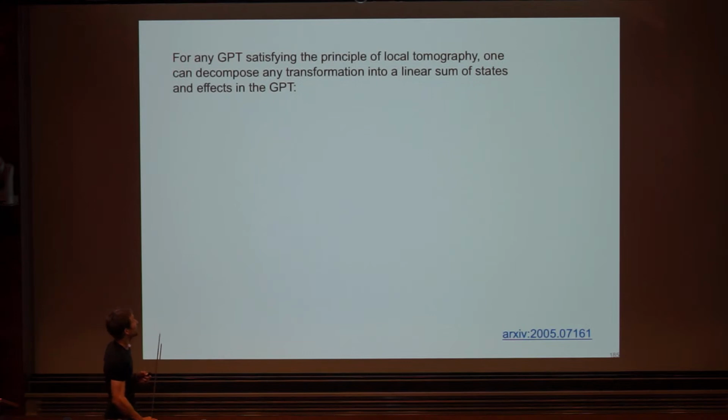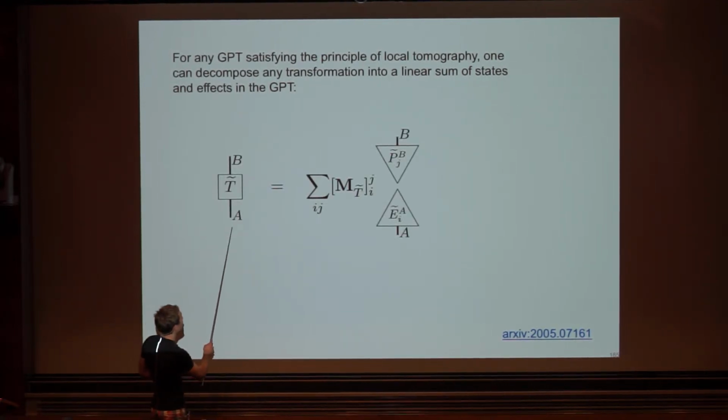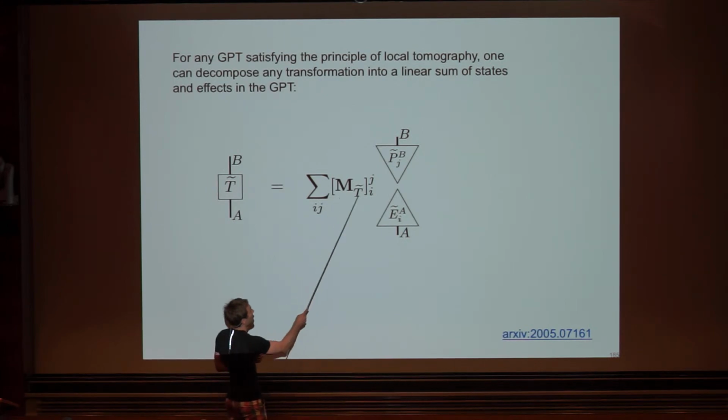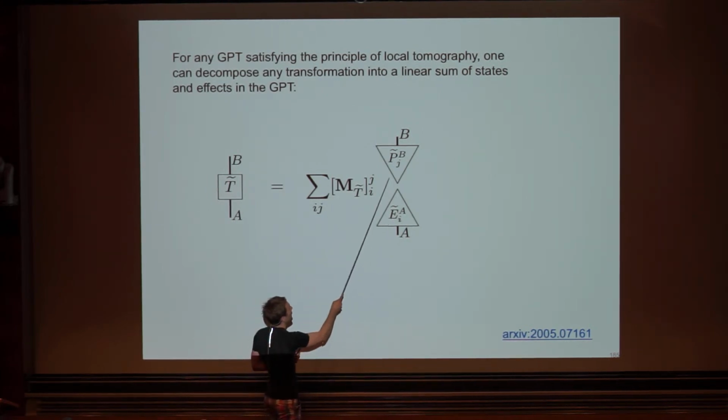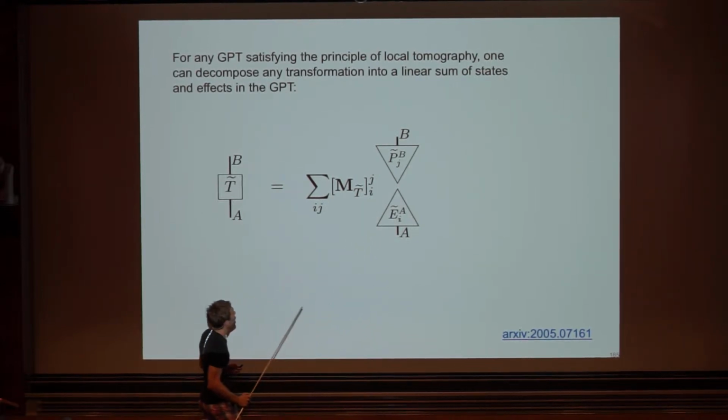And in these GPTs, there's a really nice property that you can decompose any transformation into a linear sum of states and effects in the GPT. So this transformation in the GPT can be written with some matrix coefficients here in terms of an effect followed by a preparation indexed by the matrix elements.